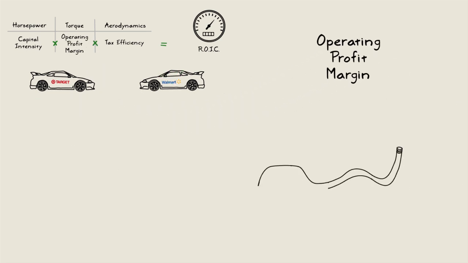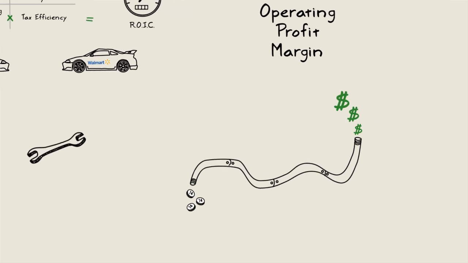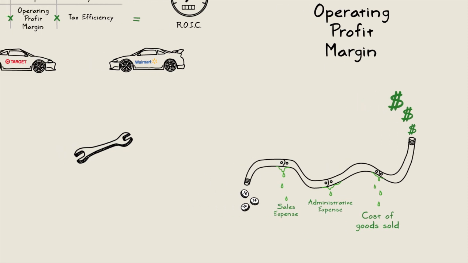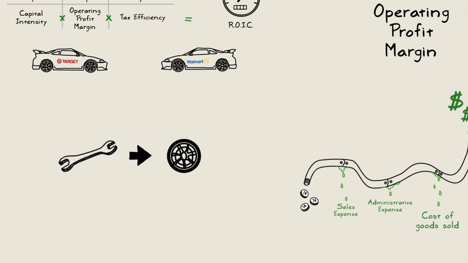Operating profit margin measures the amount of operating profit left over from each dollar of sales. It's the torque our race car engine can generate. Managers that create a higher operating profit margin are doing a better job at squeezing out major operating expenses like the costs of goods sold and general administrative and sales costs, just as race cars with more torque generate more twisting force around the axle, smoking the wheels when the flag drops.